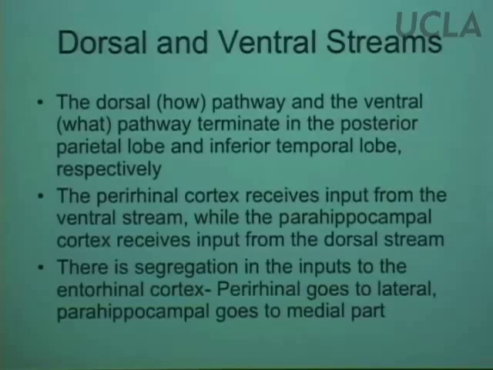And they terminate in these different areas. One is more parietal, and one is in the inferior temporal lobe. Okay, now if you look at the parietal and parahippocampal cortex, it seems that they get different amounts of input from cortical areas in these two different streams. So the parietal cortex receives input primarily from the ventral stream, so from the inferior temporal cortex, whereas the parahippocampal cortex receives input from the dorsal stream.